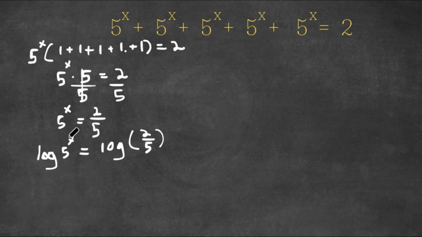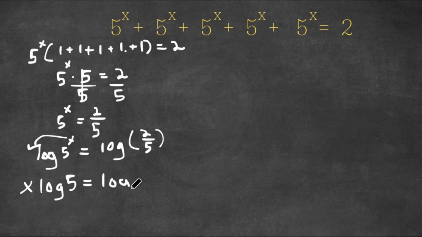Now, using the power property of logarithms, I can actually move this exponent to the front of the logarithm. So this would be x times log 5 is equal to log of 2 over 5.